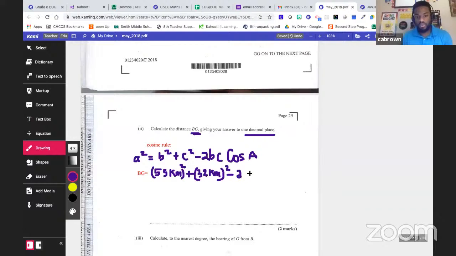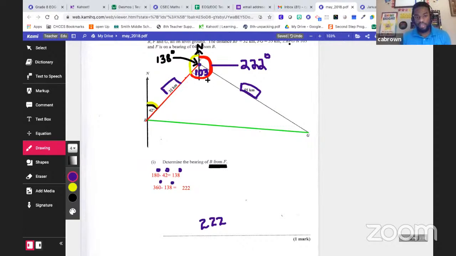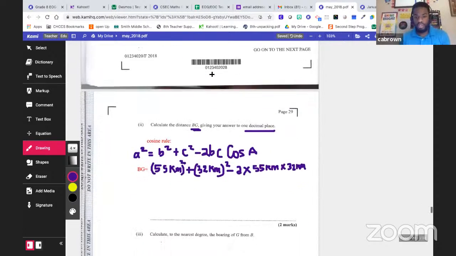Minus 2 times b and c, the two sides that we have, which were 32 and 55. So pretty much what we're doing is just substituting, times cos A. Cos A refers to the angle, and the angle that we have is 103.